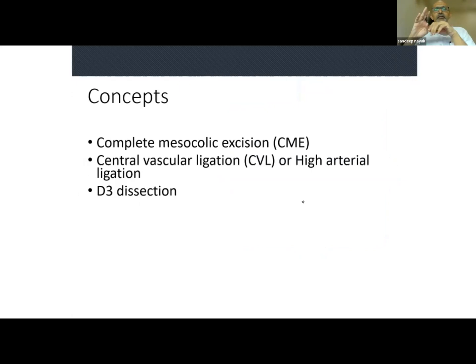Now, as far as the concepts are concerned, I think my previous speakers have already spoken about the concepts of complete mesocolic excision and central vascular ligation or high arterial ligation and D3. These are the clear concepts which are there. I'll just go into the depth of it, because much of it is defined for the right colon rather than the left side.